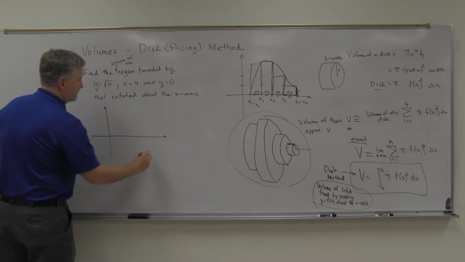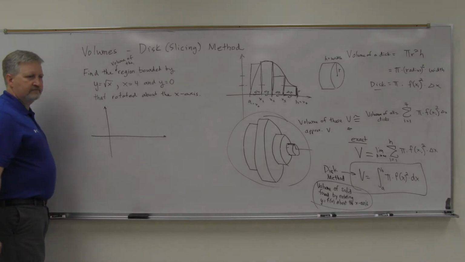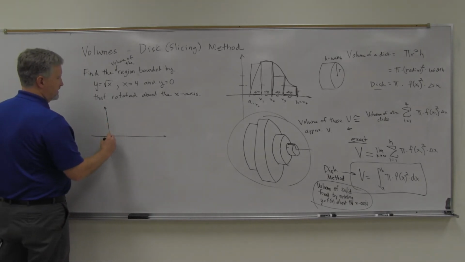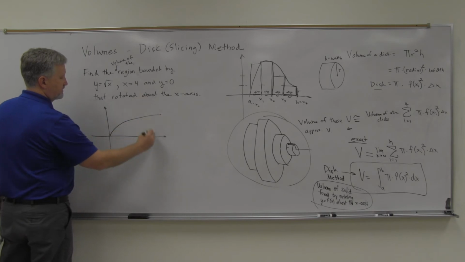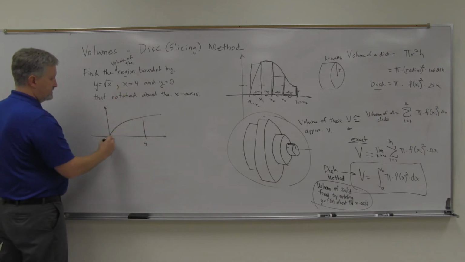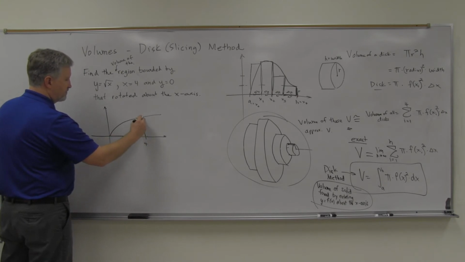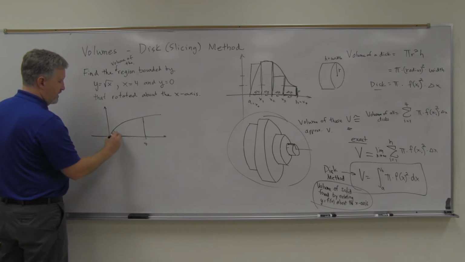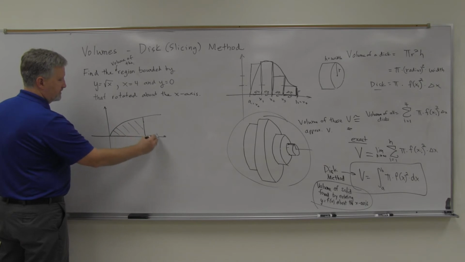All right, so let's draw it in. y equals square root of x looks like this. x equals 4, well, that would be here, so that would be this. y equals 0, that's the x-axis. So I'm rotating the region bounded by all that about the x-axis.